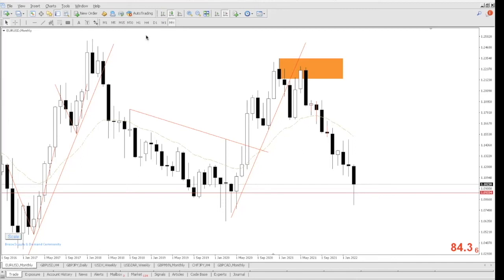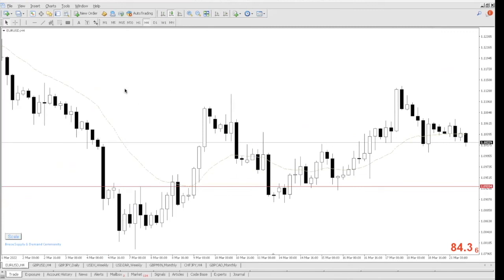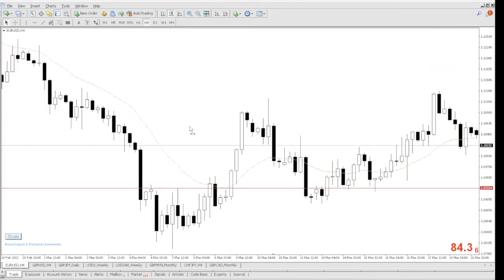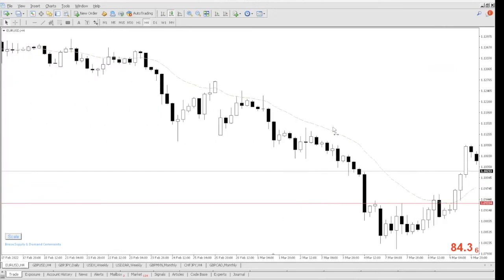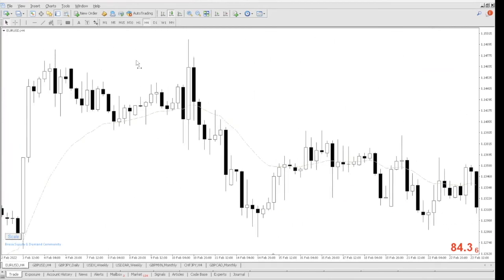Okay, let me go to the lower time frame, for example H4. Look here, we have these two mountains, or we can say peaks. When this was going down, the trend line was super respected.